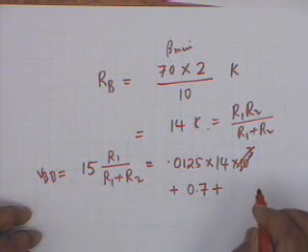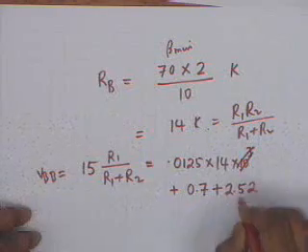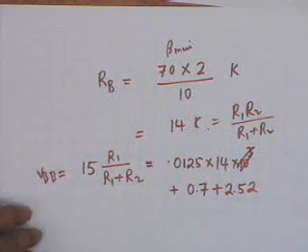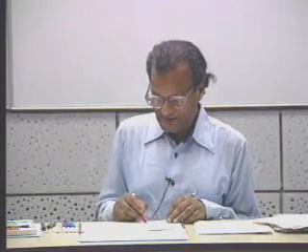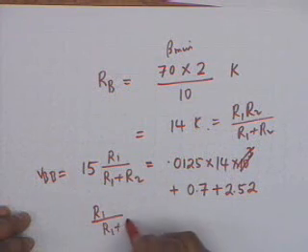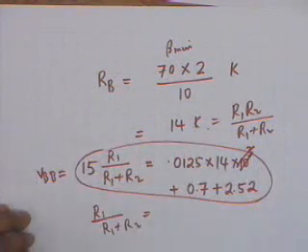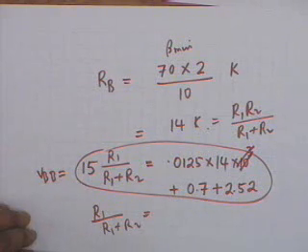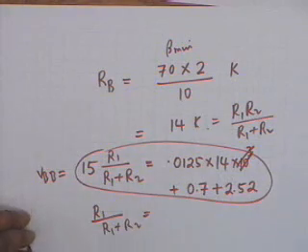What is VE? 2.52 volt or millivolt? Volt. Okay, so you know what is R1 divided by R1 plus R2. Alright, from this equation you know what is R1 divided by R1 plus R2, and you know R1 R2 divided by R1 plus R2 as 14K.